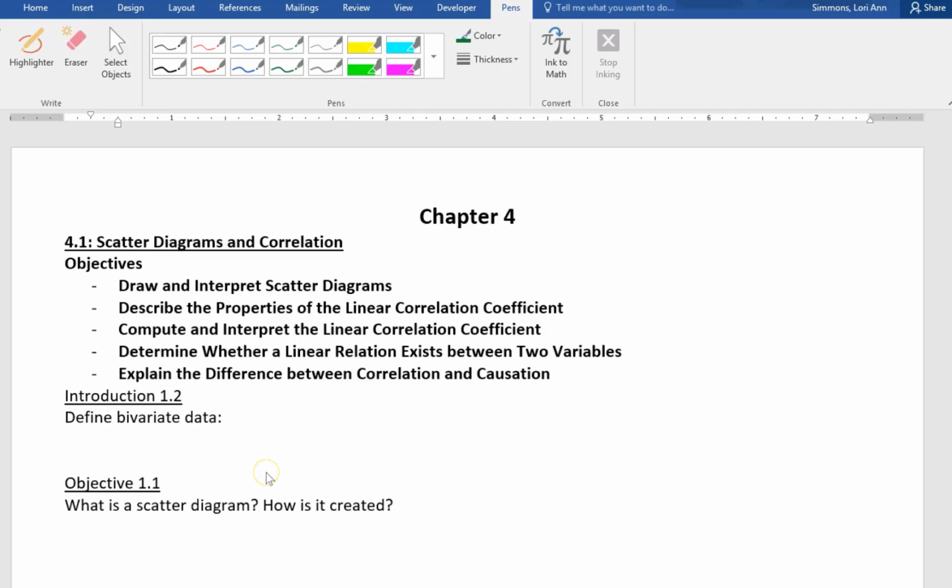So far in chapters 1 through 3, we've been talking about one variable, such as your IQ score, your height. Now, in this chapter, we're going to talk about two variables. So, for example, does your height determine your IQ?